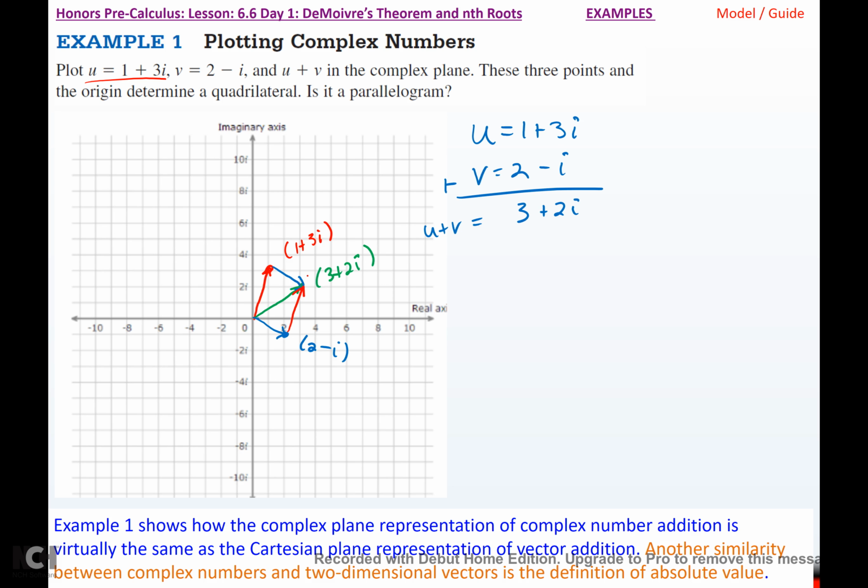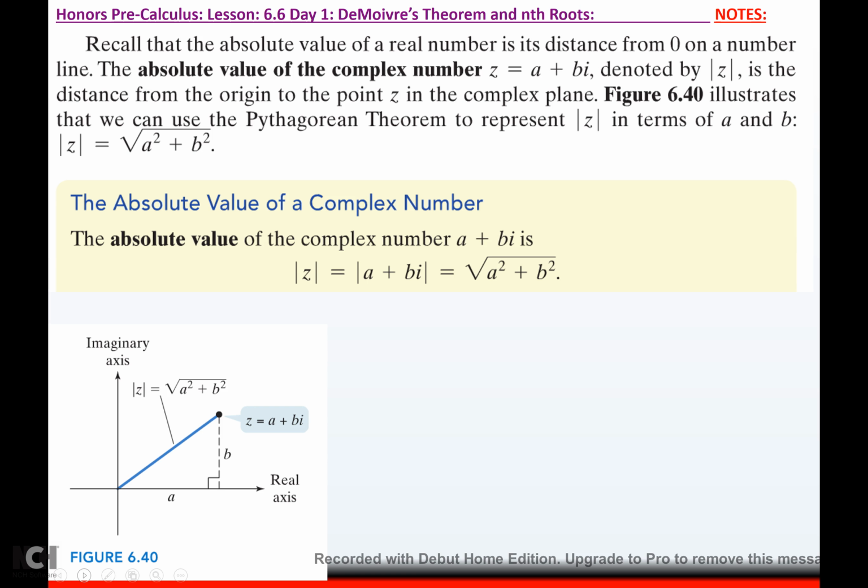So another similarity between complex numbers and two-dimensional vectors is the definition of absolute value. And what they're getting at here is, recall that the absolute value of a real number is the distance from zero on a number line. The absolute value of a complex number, z equals a plus bi, which again looks like we're taking the magnitude. Okay, it's the distance from the origin.